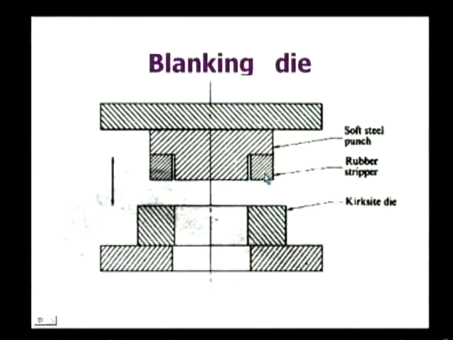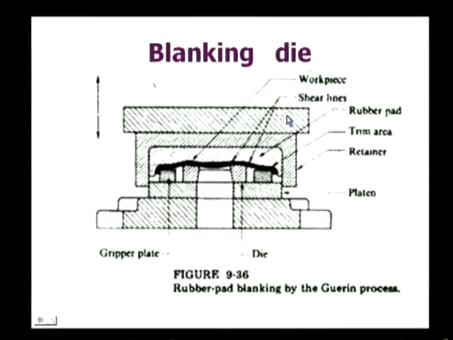This blanking die is the simplest blanking die, which uses rubber pads. This is a special type of blanking die which uses the Guerin process, so a special formed component can be manufactured. This is rubber, and when the pressure is applied by the ram, it is shaped to a special shape.